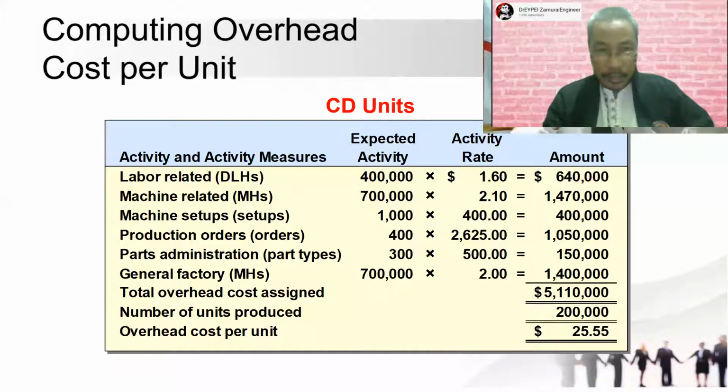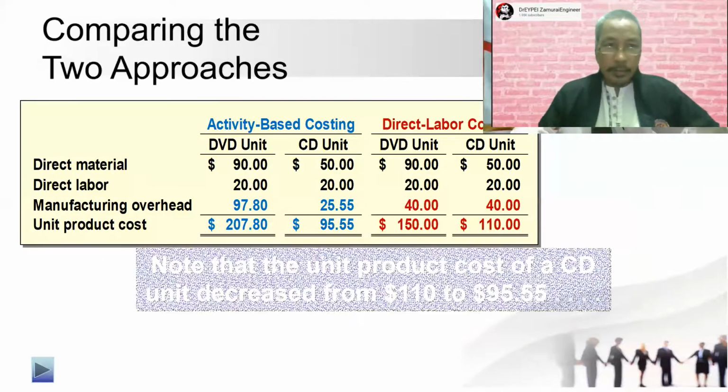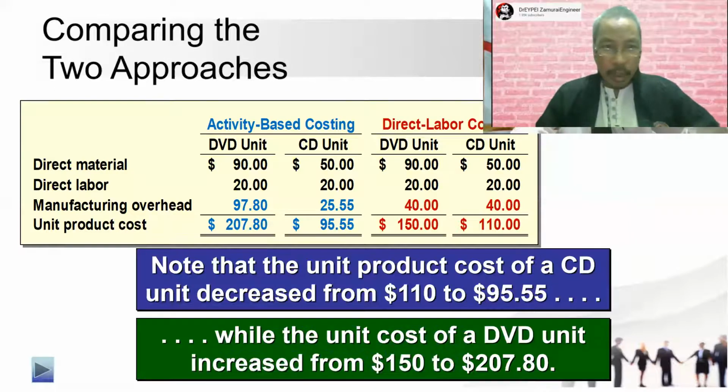So let us go to the next slide. Comparing the two approaches, meaning we have the previous method, which is direct labor costing, and now we are talking about activity-based costing. So let us compare.